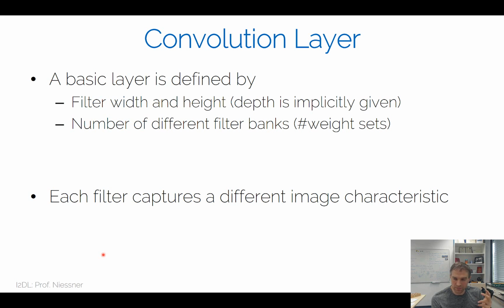So the number of weights per filter is width times height times depth, plus 1 for the bias. That's the number of weights I have per filter. And then the number of different filters, meaning how many unique weight sets I'm going to use, determines the output dimensionality in the depth. This is how many channels I have in the output.